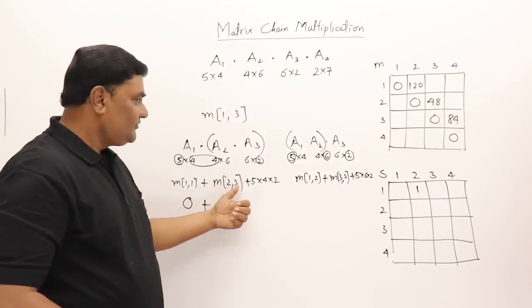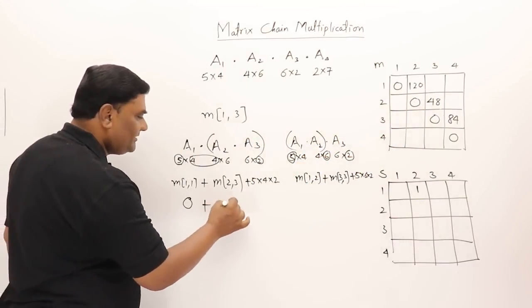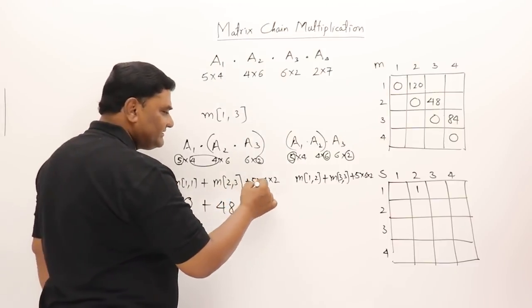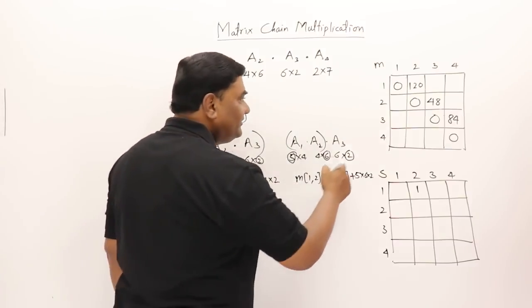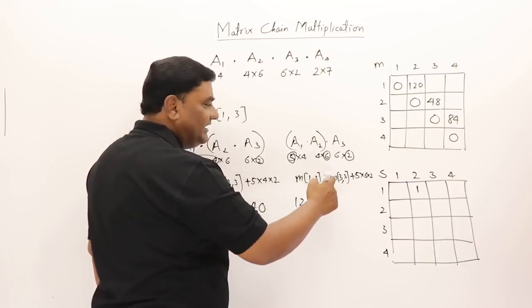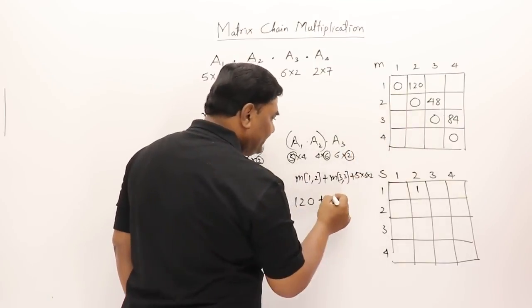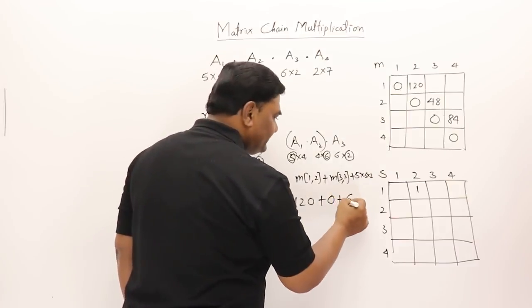Plus M of 2, 3. 2, 3 is 48. Plus, how much is this? 40. Then M of 1 comma 2. 1 comma 2 is 120. Plus M of 3, 3. 3 comma 3 is 0. Plus, how much is this? 60.